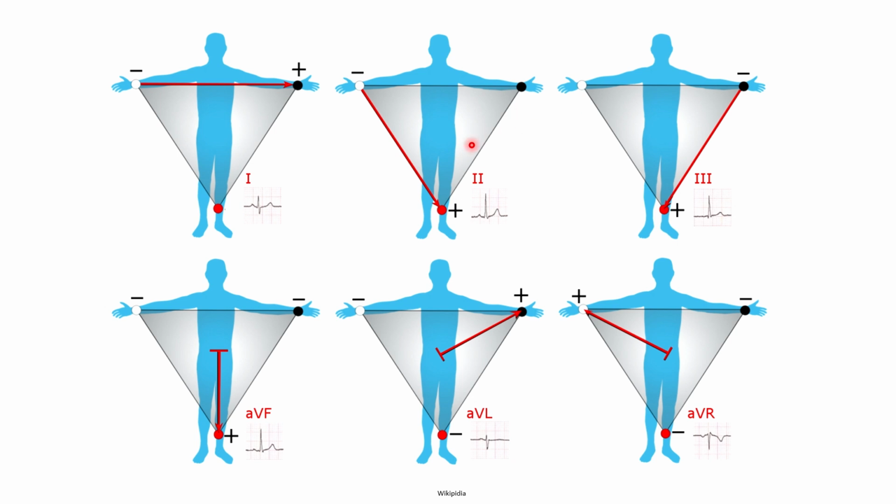Then lead 2 is made from the right arm to the left leg. And again, it's negative moving to positive. And lead 3 is made between the left arm and the left leg. That's why it's moving in this direction.